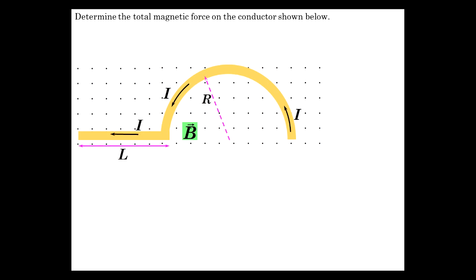This little straight line segment is of length L, and the curved part is a semicircle of radius R. So the force along the straight line segment is IL cross B. So there's L, and the cross product is complete. They're perpendicular. So this is just ILB. There's the force. Now, what about the curved part?